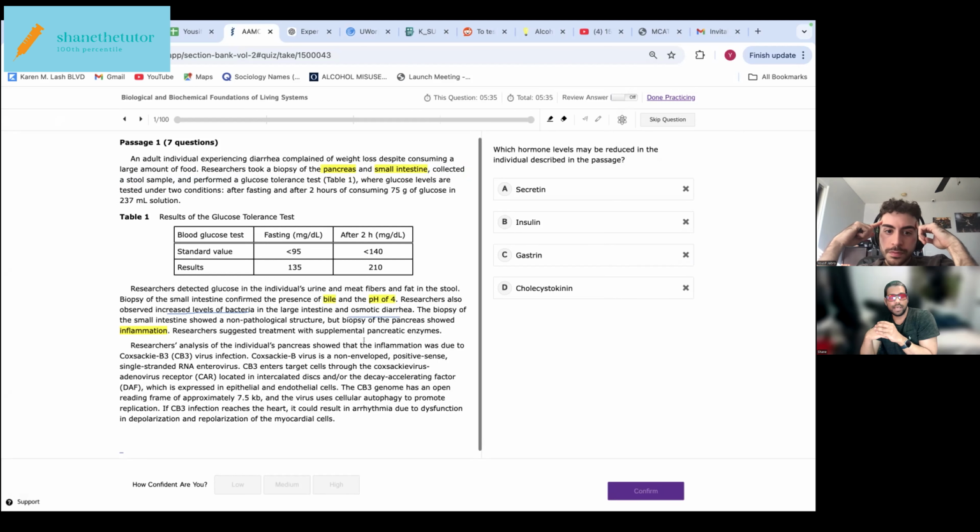After the stomach comes chyme, the partially digested food that enters the duodenum. Since it's coming from the stomach, it's going to have a low pH because of the acidic stomach.